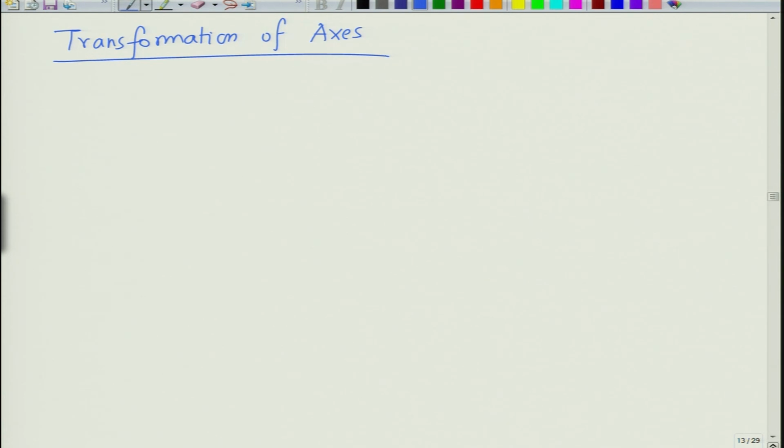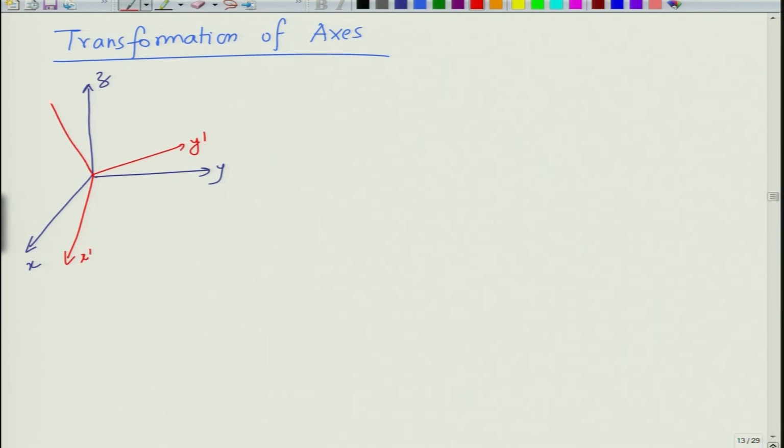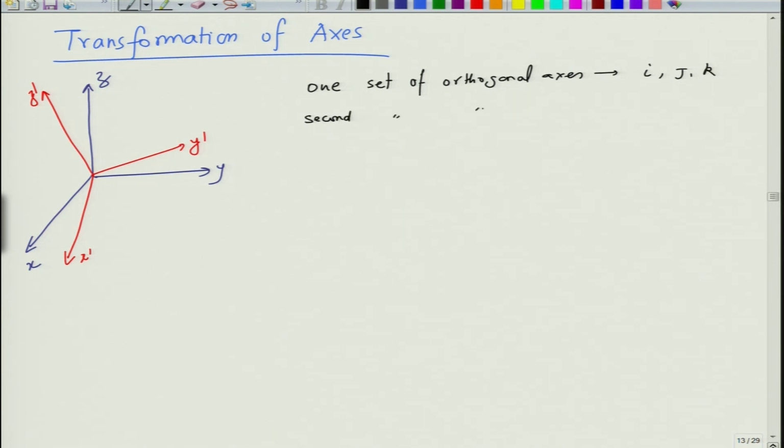Basically we said that we start with this coordinate system, which is, let us say, x, y and z, and we want to transform to x prime, y prime and z prime, which is a new system at a certain angle to the original one. So, let us define the first set of orthogonal axes as i, j, k, and then the second set of orthogonal axes can be defined as m, n and p.